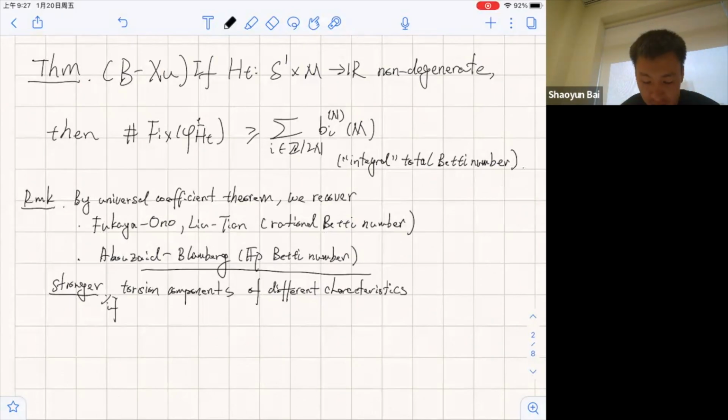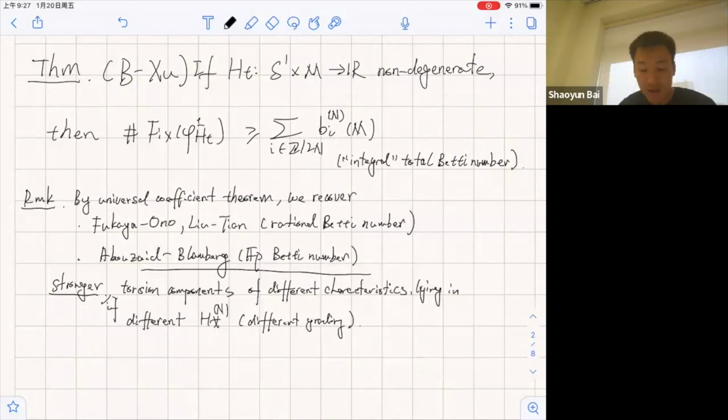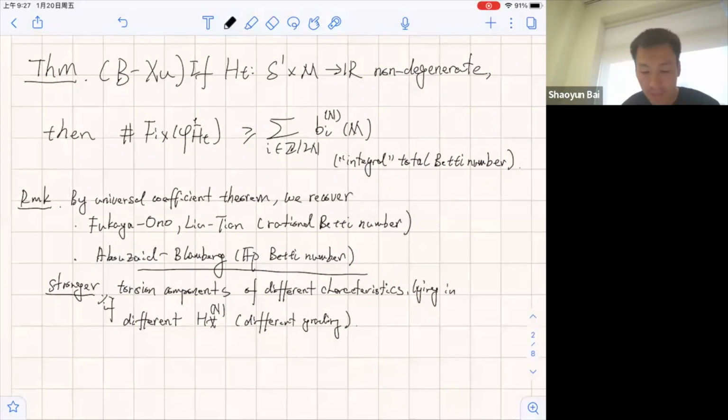In this case, if we have an example where those parts have different, and when I say different, I mean different gradings, you can see that this lower bound is better than the bound from Abouzaid-Blumberg's result. Okay, so this is the statement. Is there any question?